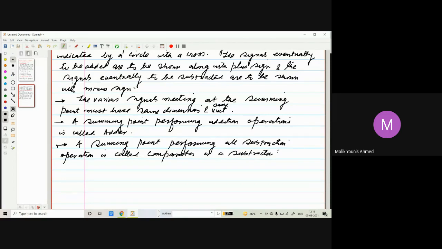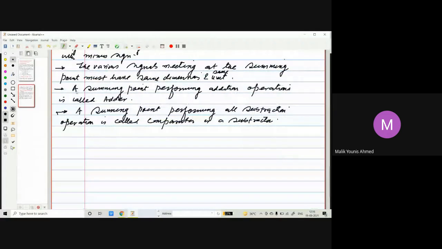If they are subtracted, then those are called a subtractor. So let me draw it for you to show how the summing point looks. Inside the summing point, there will be a cross.